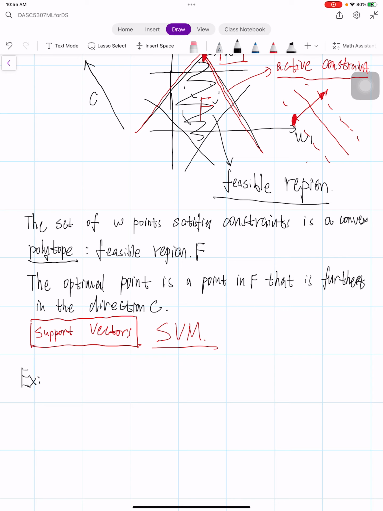In our linear classifier, a feasible point omega, alpha gives a linear classifier.